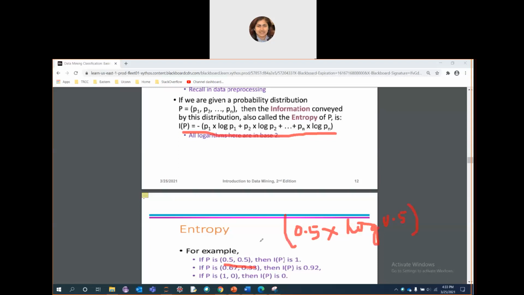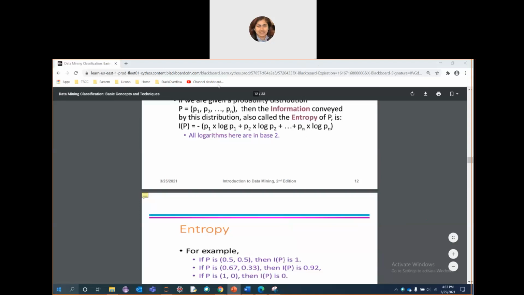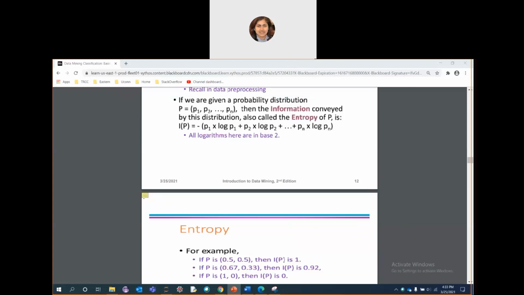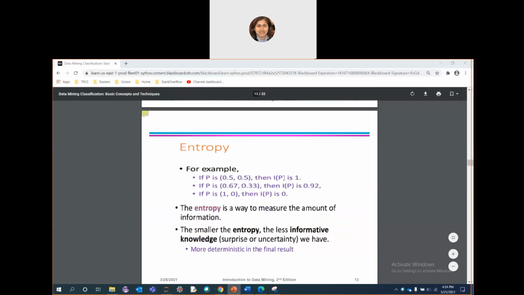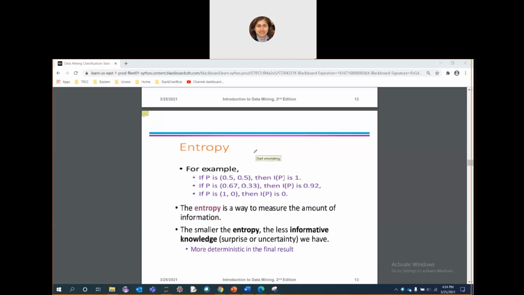Okay, that is the first one. Plus the same thing, because we have 0.5 times log base 2 of 0.5, and the whole thing will be preceded by a negative sign.